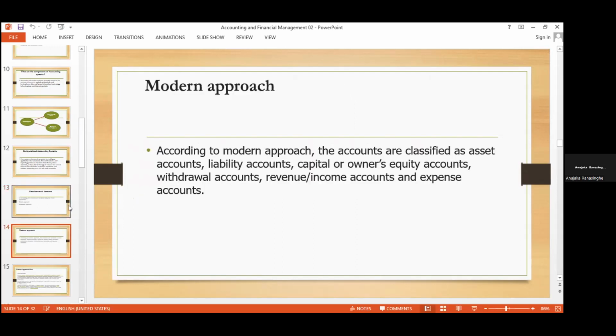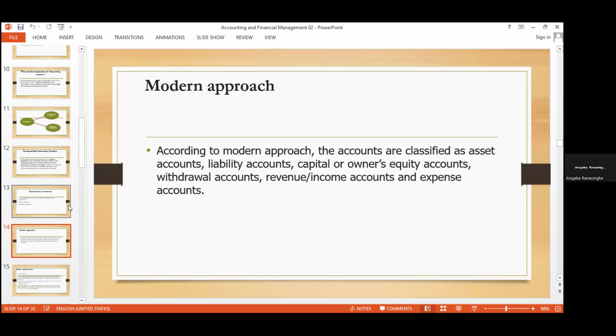Modern approach. The modern approach uses asset accounts, liability accounts, capital or owners' equity accounts, withdrawal accounts, revenue and income accounts, and expense accounts.